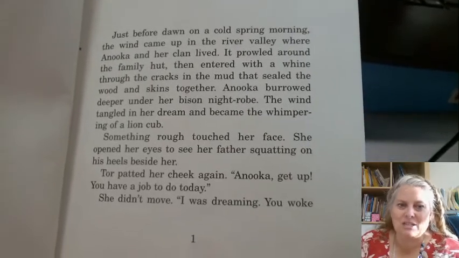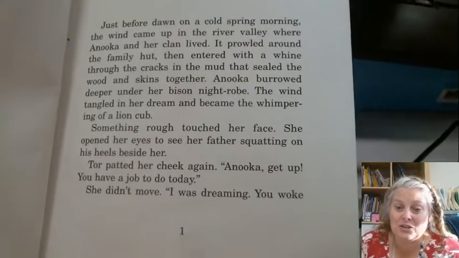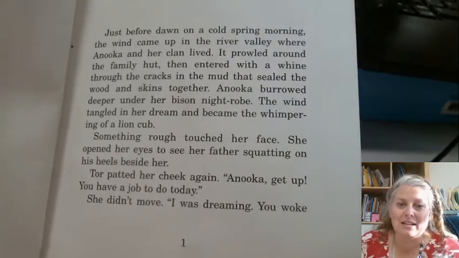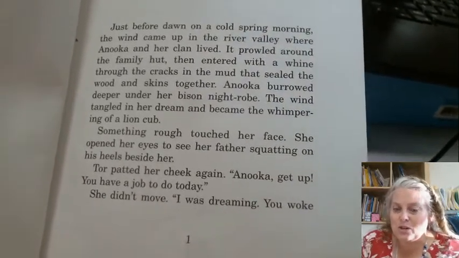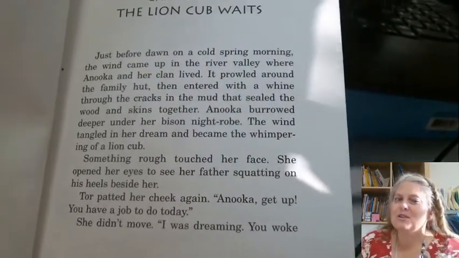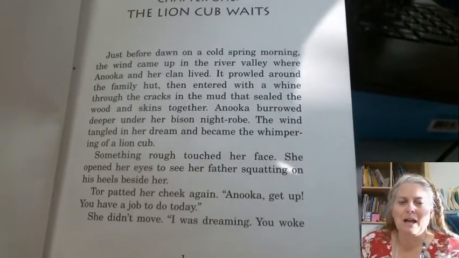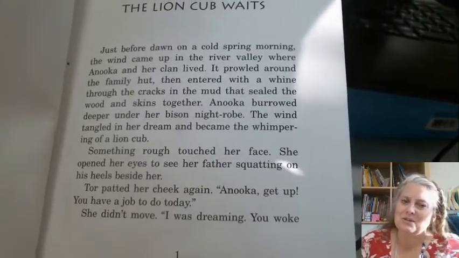And then she talked about the wind whimpering, the wind tangling in her dream, like the whimpering of a lion cub. Using just those words helps you paint a picture in your mind. That's one thing good readers always do: they picture it in their mind as they read. It puts you in there with it more and you understand it better.